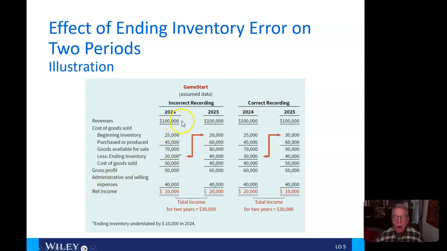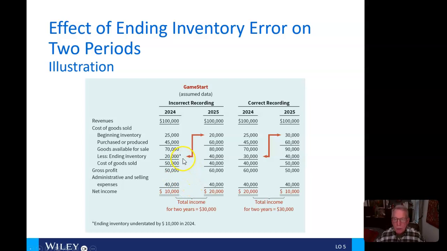So here we go, our revenues here, and here is the understatement of that ending inventory. It should have been 30,000. It was 20,000, so it was understated. Cost of goods sold, therefore, was overstated. Gross profit was understated, right? So net income is going to be understated too.